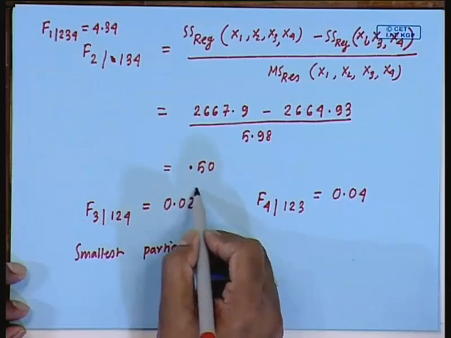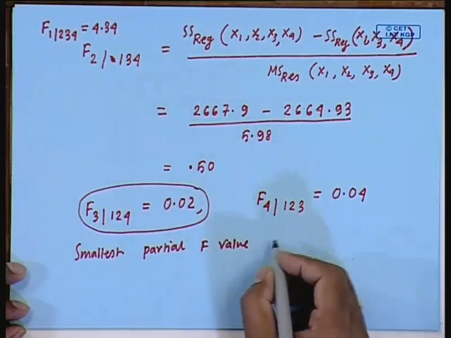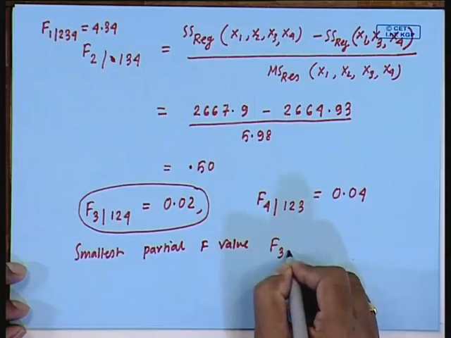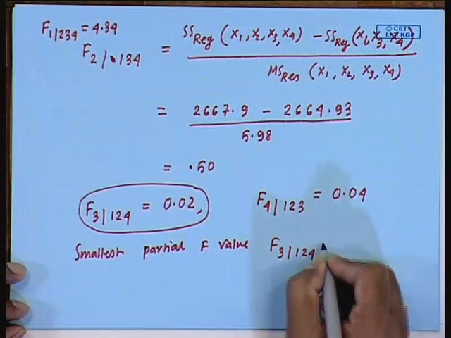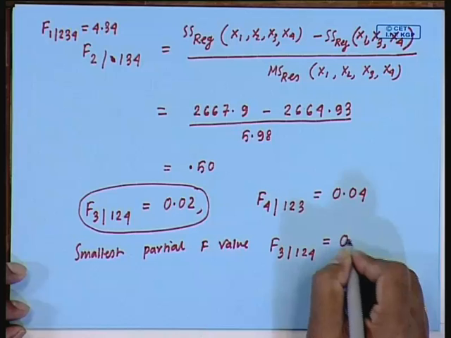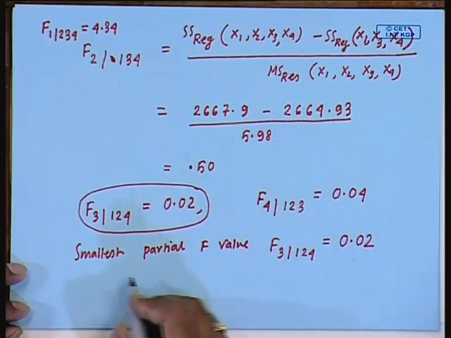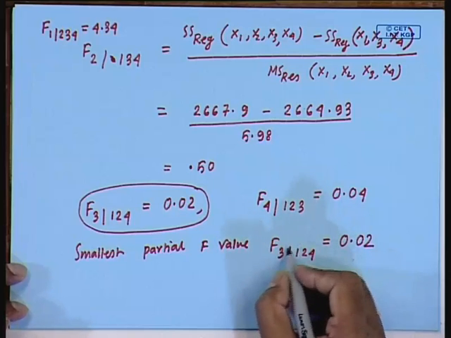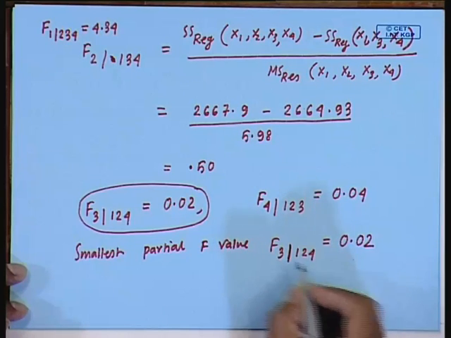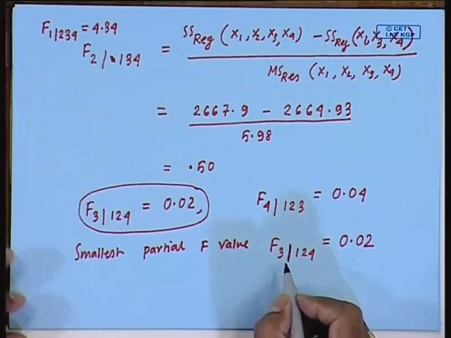This one is the smallest, F3 given 124, which is equal to 0.02. Now we can remove this. So the associated regressor is x3. We can remove the regressor x3 from the model, provided that this observed partial F value is less than the tabulated value.